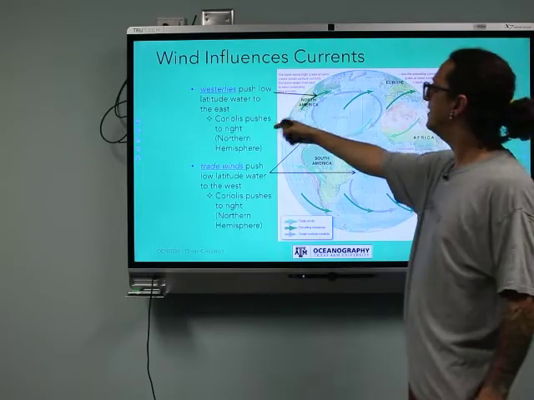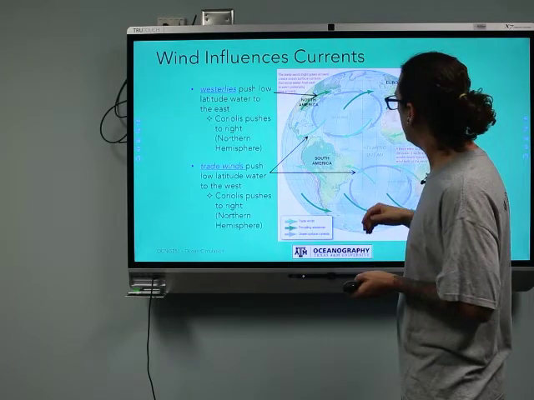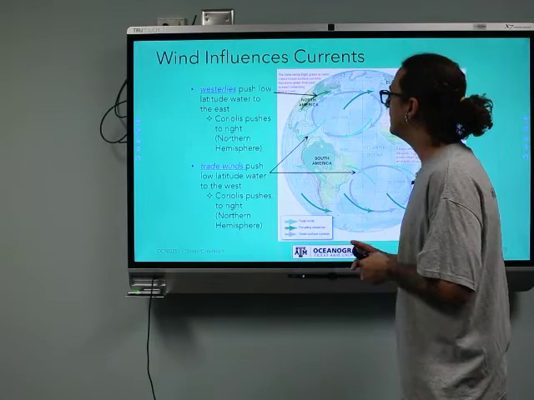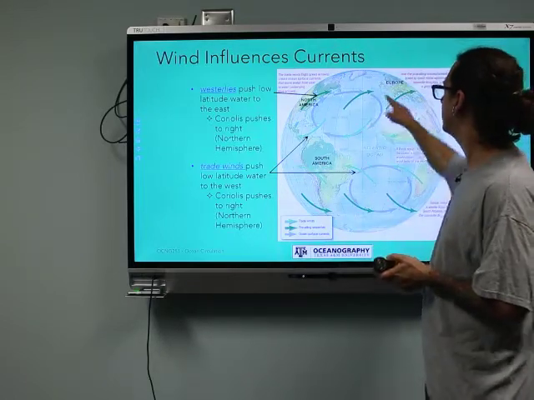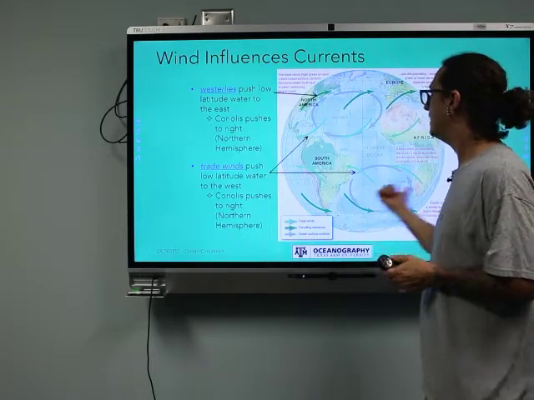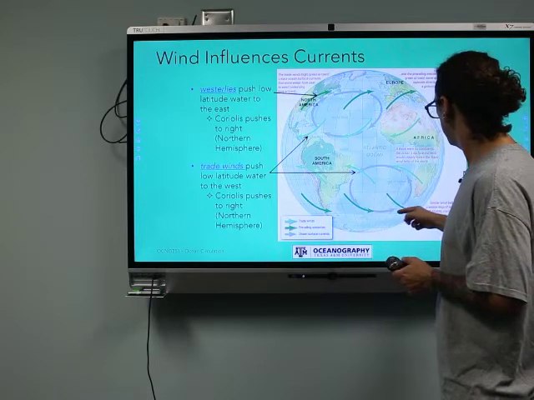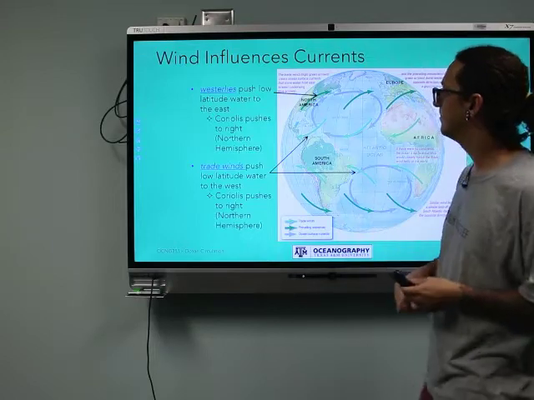And they push low latitude water to the east, low latitude, well, mid-latitude, I would say. And then the Coriolis pushes that to the right, which in the northern hemisphere comes up down here. On this, the westerlies are these ones right here, and they go to the left because they're in the southern hemisphere.